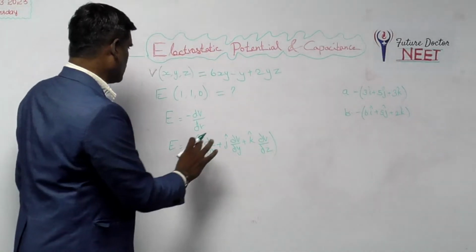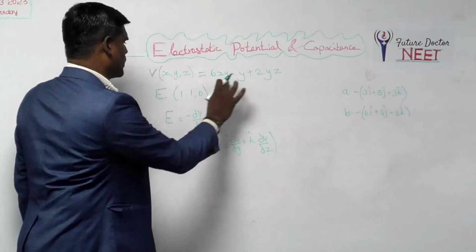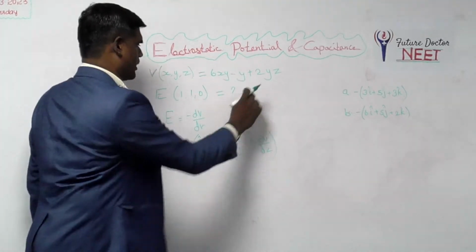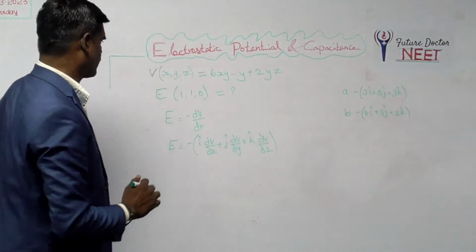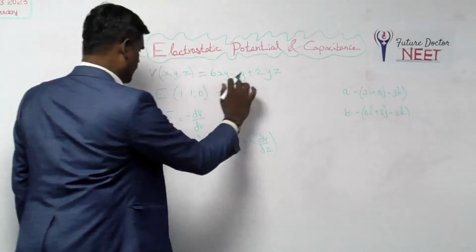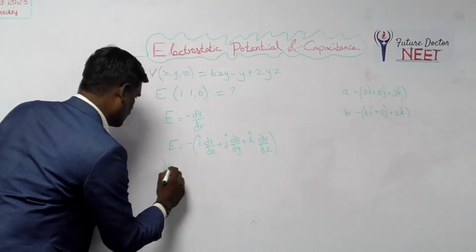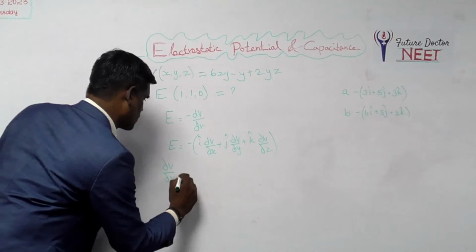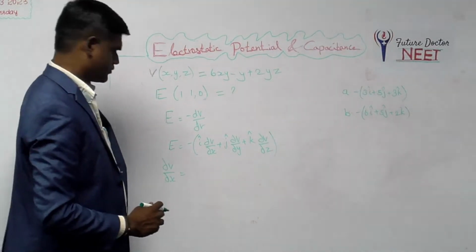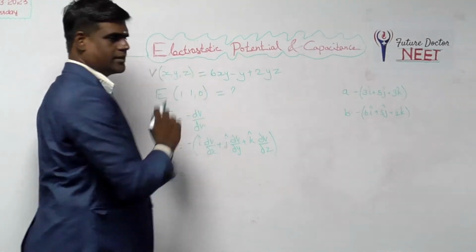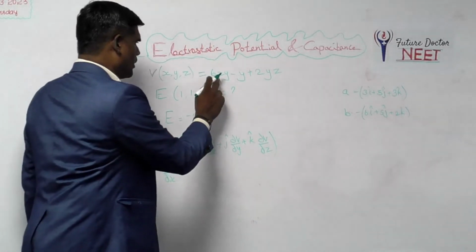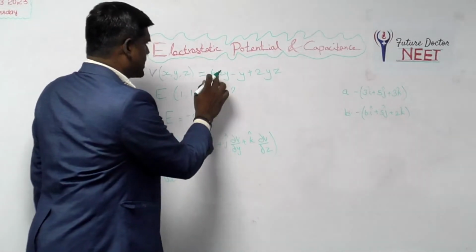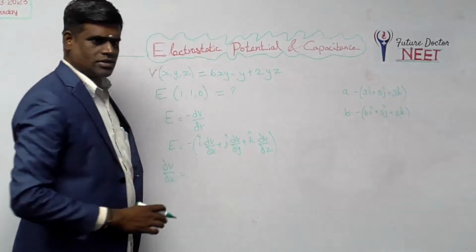Now separately first find dou V by dou x, dou V by dou y, dou V by dou z. So this is the equation we are writing. For dou V by dou x, x is the only variable, y is constant.